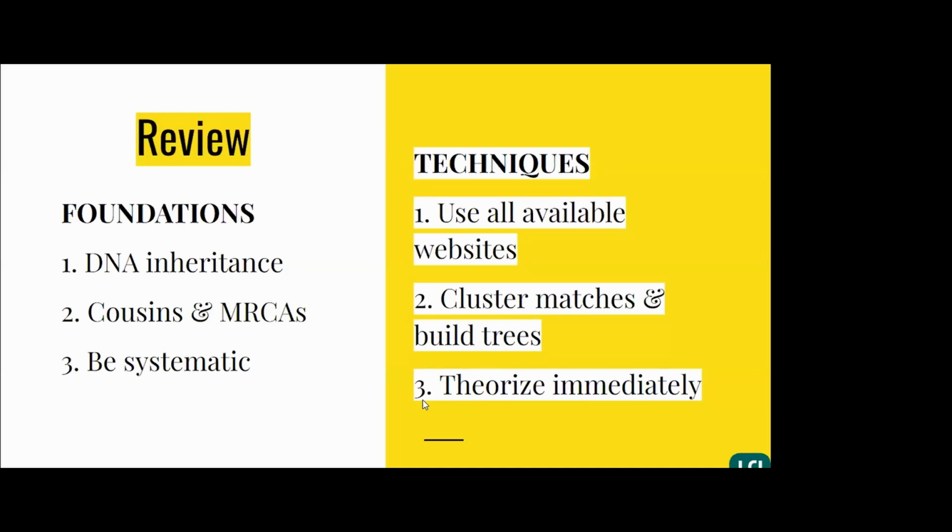And then the three techniques for success we looked at today are: definitely use all available DNA websites, cluster your matches and build their trees, and especially if you have matches who share enough DNA, theorize immediately to really cut to the chase, and you might find the answer you're looking for.